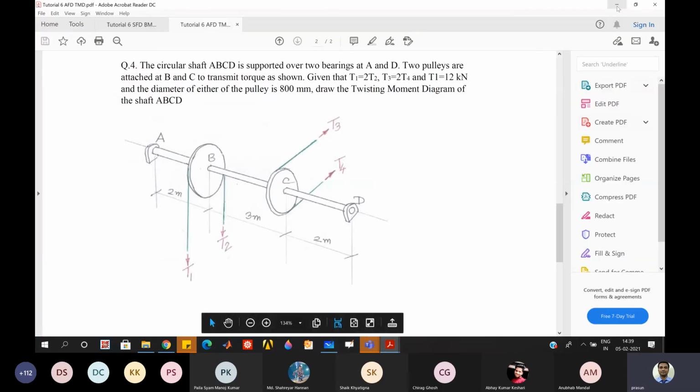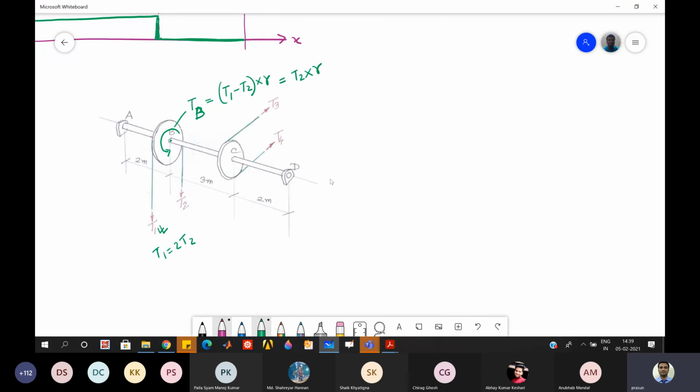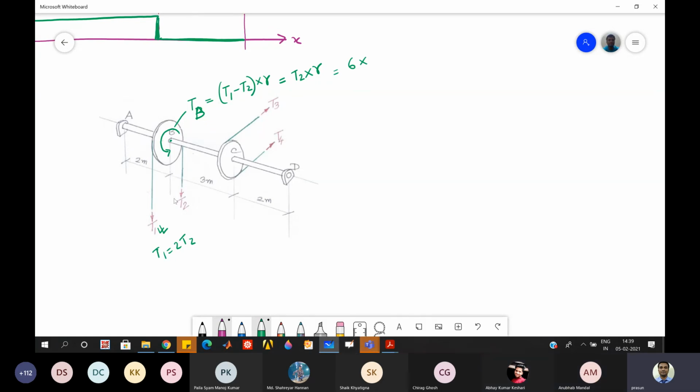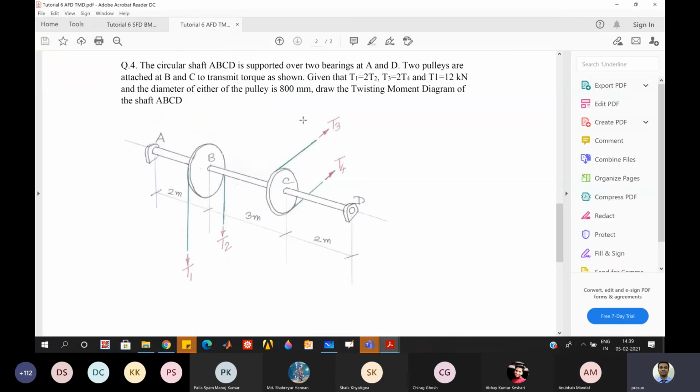So it is 12 kilonewton, so T2 is 6 kilonewton. So it will be 6 times the distance. You have to see what the distance is. It is not given here, right? Maybe in the statement it is given. Yes, sir, the diameter was given.